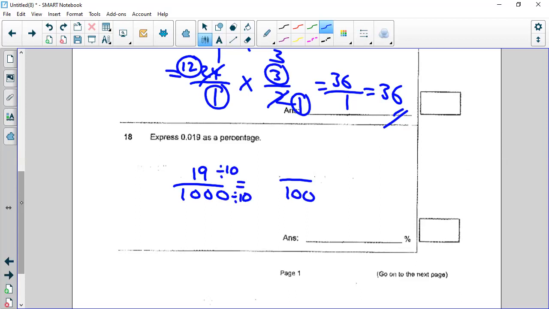What is 19 divided by 10? If you're not sure, then you just shift the decimal point to the left 1 time. That will be 1.9. So you get 1.9 over 100. Once your denominator is 100, then your answer is 1.9%. That's how simple it is, right? That's why you need to understand why we always get the fraction, because we want to be more efficient in getting the percentage. All right, let's go to question 19.